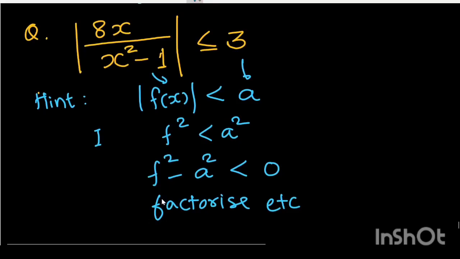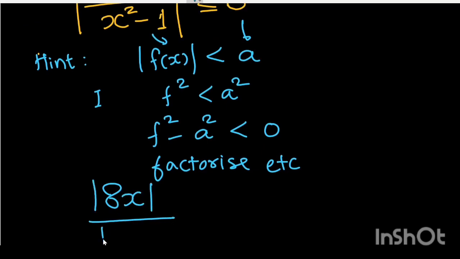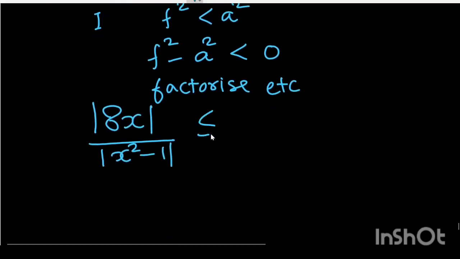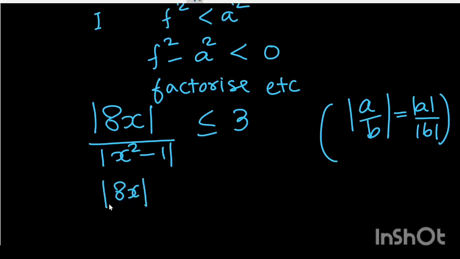Now before that, what we can do is split this: mod 8x upon mod x square minus 1. We can write it like this, less than or equal to 3, using this, mod a upon mod b is equal to mod of a by b. Okay, and now, can we cross multiply x square minus 1 to this side?